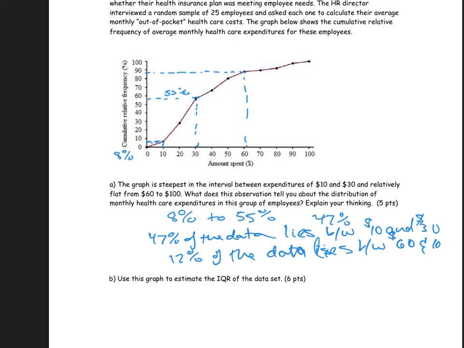So only 12% of participants spent between $60 and $100 out of pocket per month. And so again, given the steepness towards the lower amount spent, it would suggest to me that this is skewed right. Big concentration to the left and then a longer tail to the right.